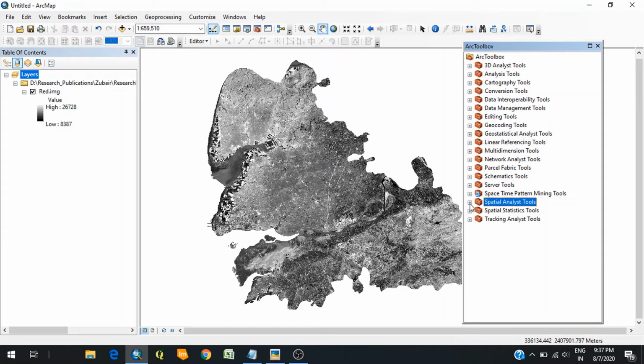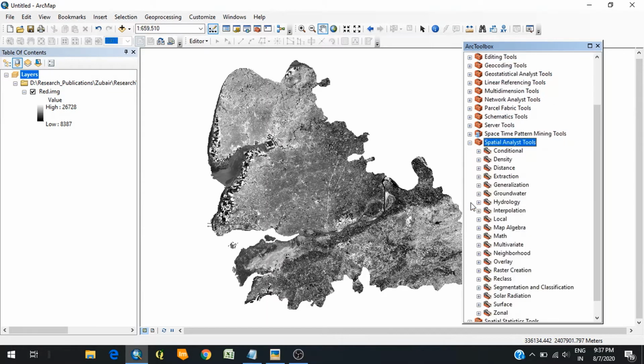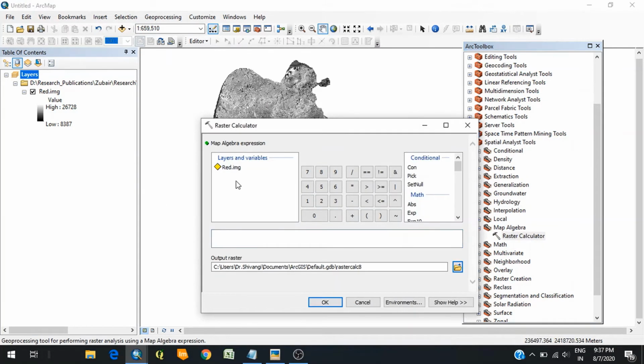In Toolbox, go to the Spatial Analyst tool. Under Spatial Analyst, you have Map Algebra, Raster Calculator. Open Raster Calculator. Now you can see this image. This is the red band. Red band is band number 4 of Landsat 8 OLI/TIRS data. So this is band number 4, the red band here.